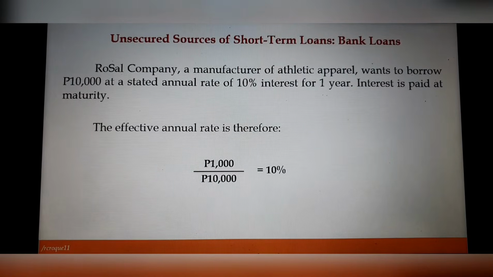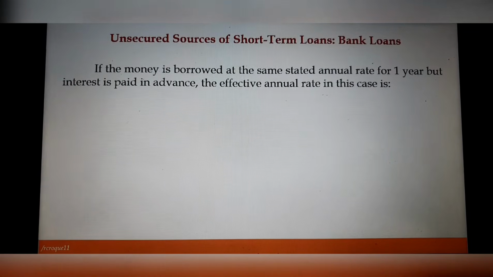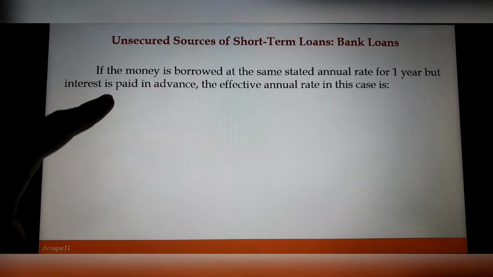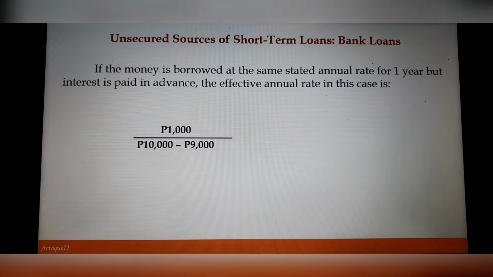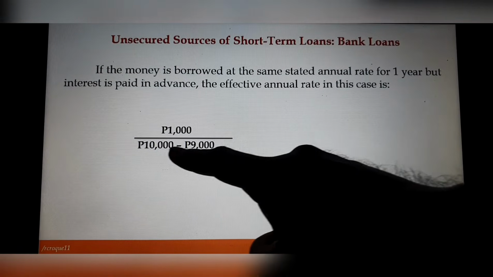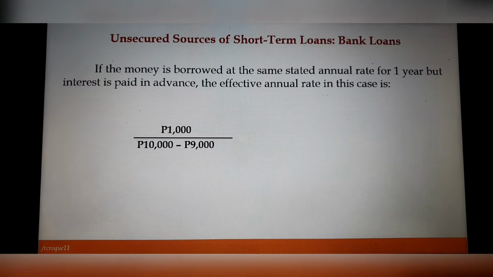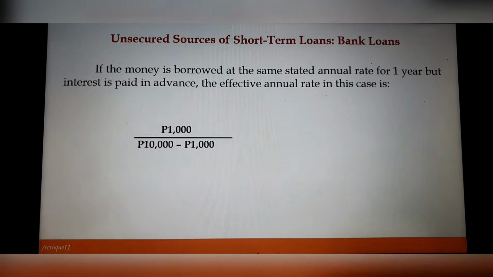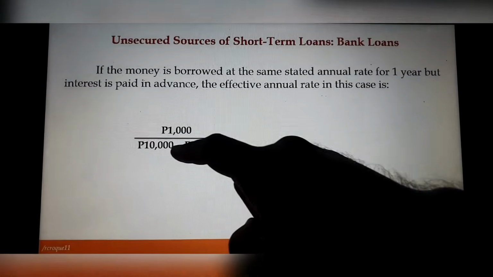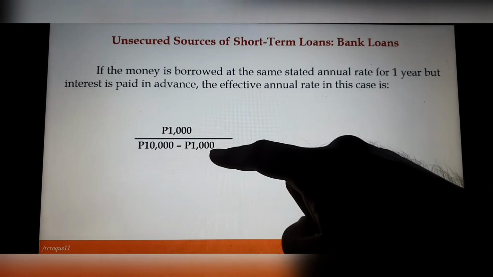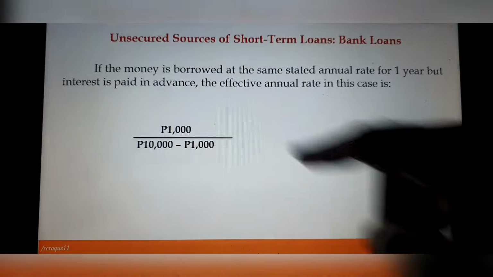Okay? If the money is borrowed, pero interest is paid in advance, the effective annual rate in this case is 1,000 over 10,000 minus 1,000. Okay, kasi ang proceeds natin ay hindi na buong 10,000 but only 9,000 because interest is paid in advance.